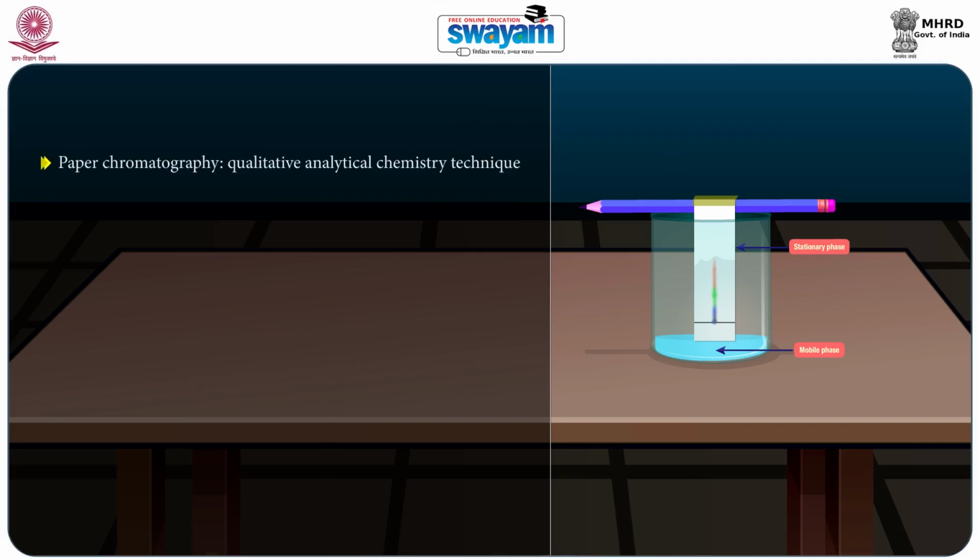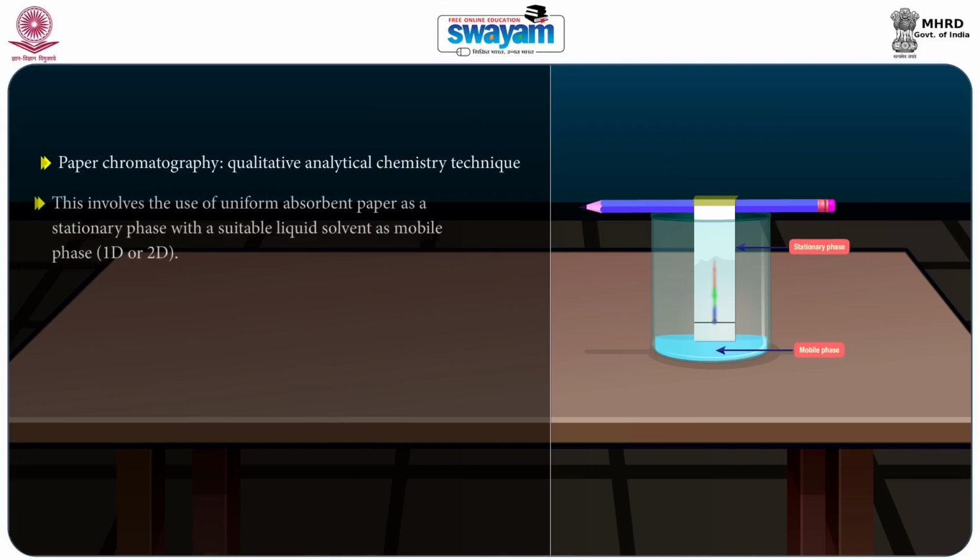Paper chromatography is essentially a qualitative analytical chemistry technique. In paper chromatography, there is a uniform absorbent paper, which is effectively cellulose, which acts as the stationary phase and to some extent a support, along which or within which a suitable liquid solvent works as a mobile phase.